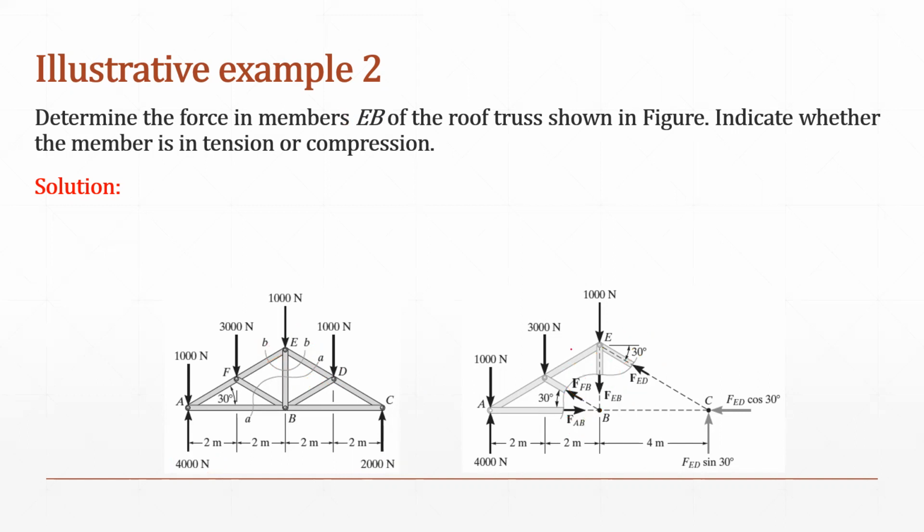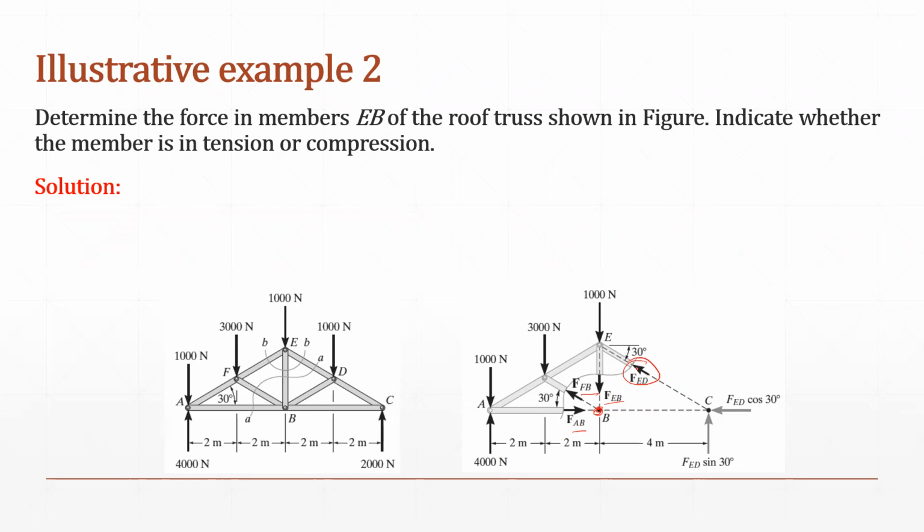In this case, also if you see here, if we take moment about point B, we know that moment due to force EB, FB and AB will be 0, but only moment due to FED will have some magnitude, but for that we need to have a perpendicular distance.